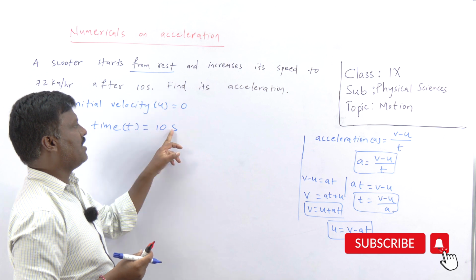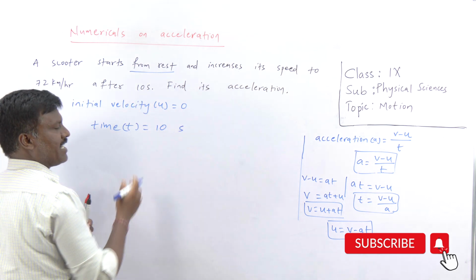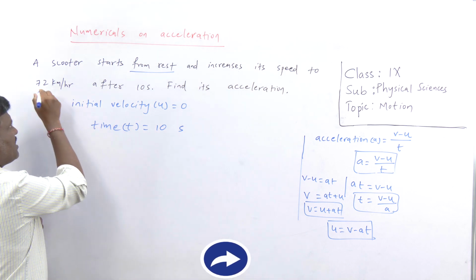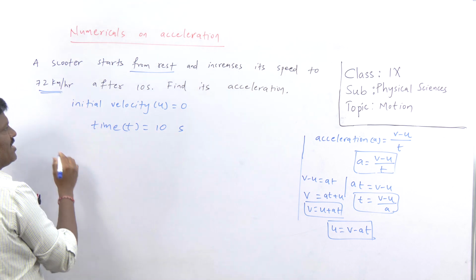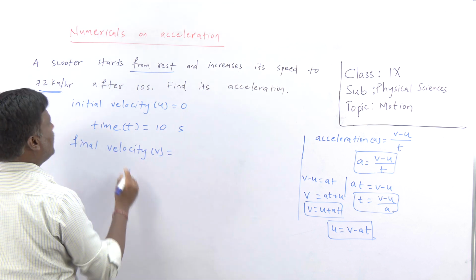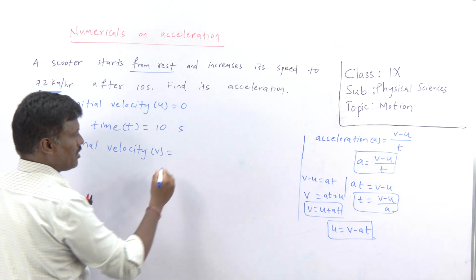What is the time given? 10 seconds. After 10 seconds, its speed increased to 72 km per hour. What is 72 km per hour? Final velocity. So final velocity v is equal to 72 km per hour.